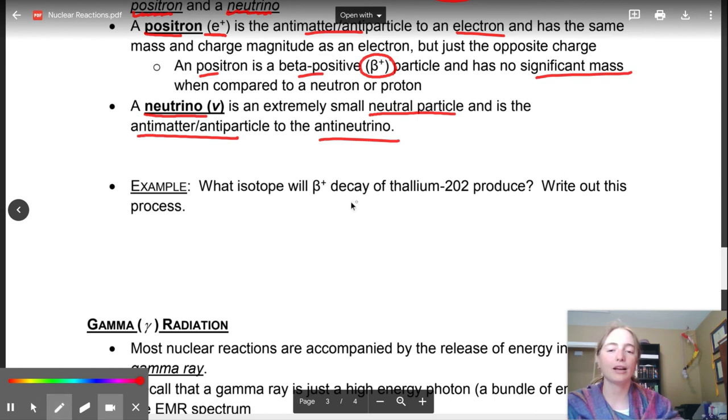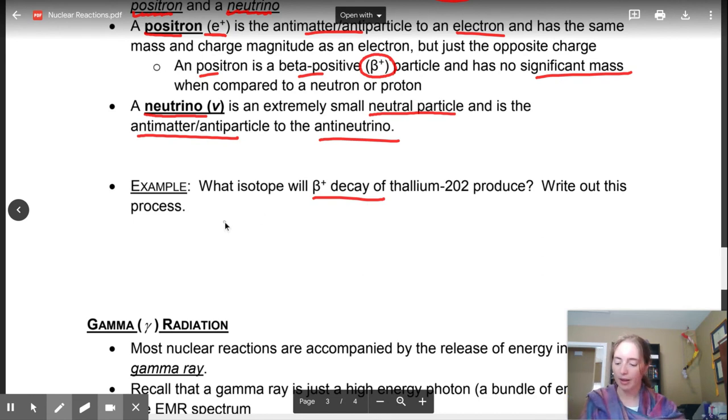So, ladies and gentlemen, what isotope will beta positive decay of a thallium-202 produce? Well, we've got Tl and 202 from the question, and from your data sheet, 81 for thallium. It's going to decay to produce a beta positive particle, so a positron. Let's write this up here.